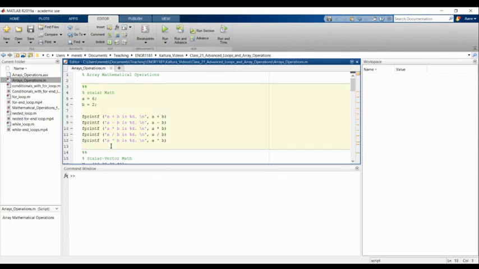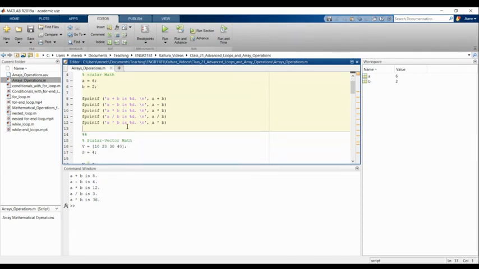If we run this, you can see a plus b is just straightforward, 6 plus 2, a minus b, 6 minus 2 is 4. a times b, 6 times 2 is 12, a divided by b, 6 divided by 2 is 3, and 6 to the power of 2 is 36. So that's just straightforward if we have scalars.